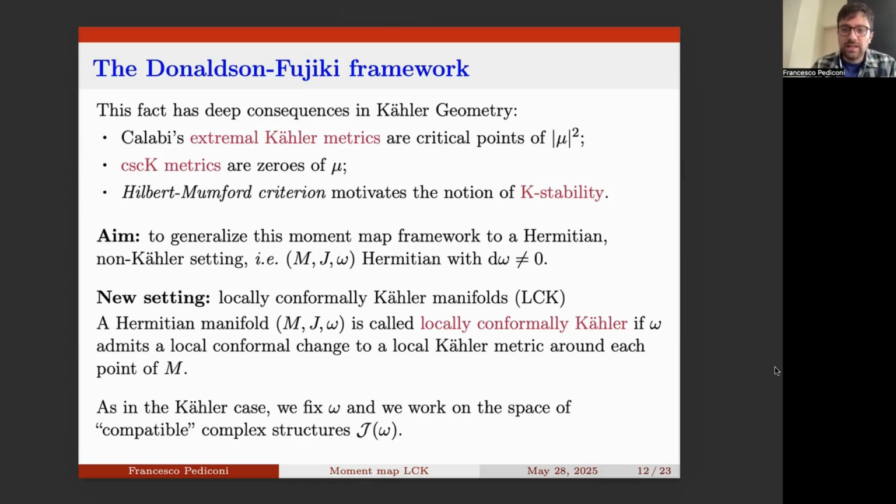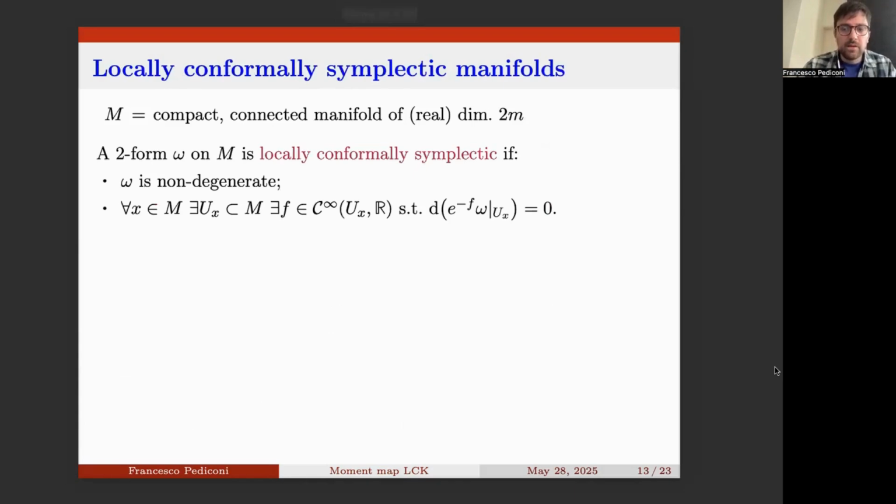So the idea now is to try to mimic the Donaldson-Fujiki construction in this non-Kähler setting and see whether we can find a moment map, and what the conditions are that allow us to cook up a moment map. First of all, whenever you fix your compact manifold, you need to fix a two-form.